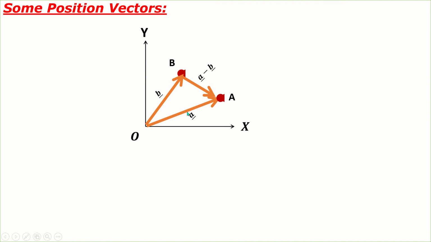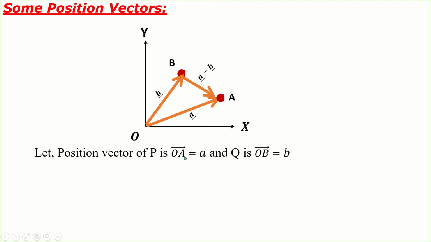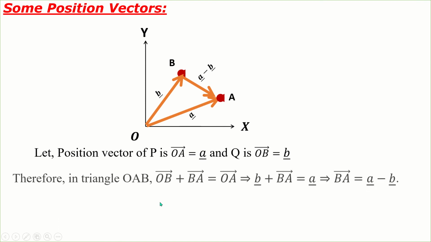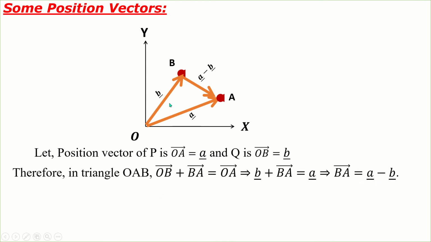As this is equal to a, therefore b vector plus BA vector equals a vector. By calculation, BA equals a vector minus b vector. Here follow: OA vector equals a vector, OB vector equals b vector. By applying triangle law, OB plus BA equals OA, implies b vector plus BA vector equals a vector, implies BA vector equals a vector minus b vector.